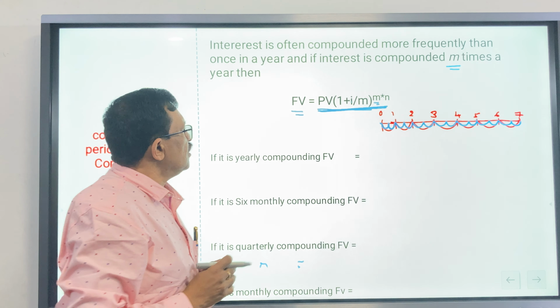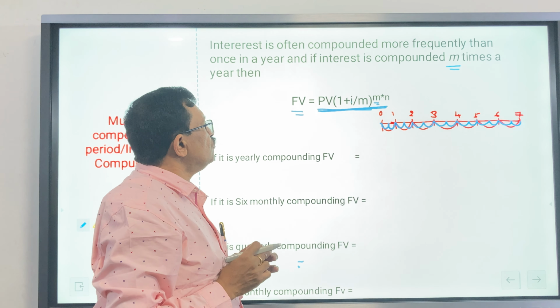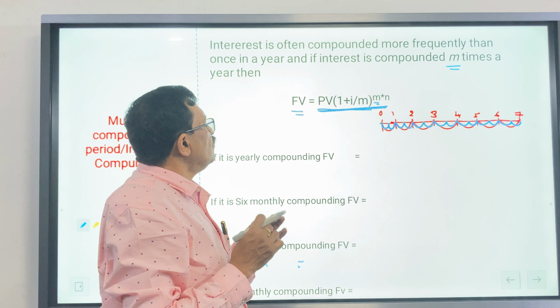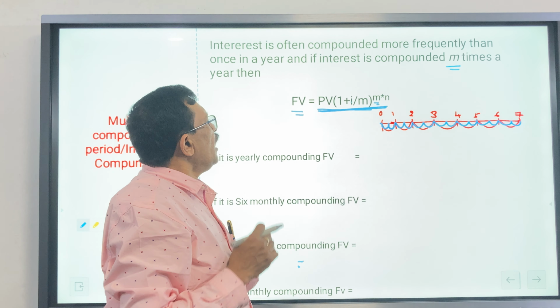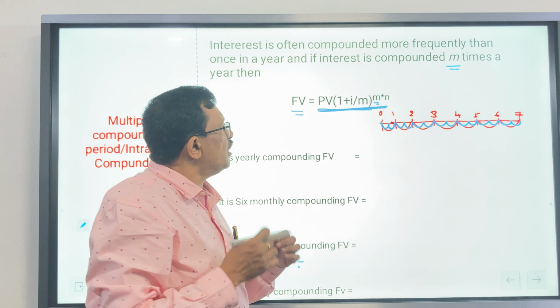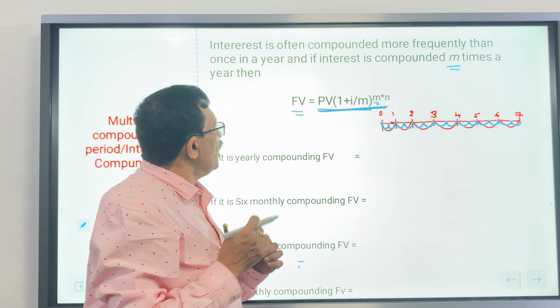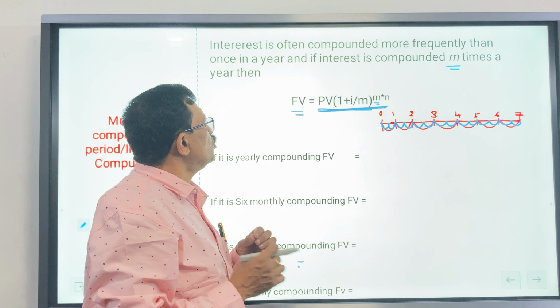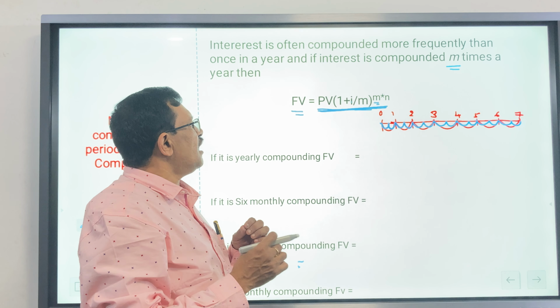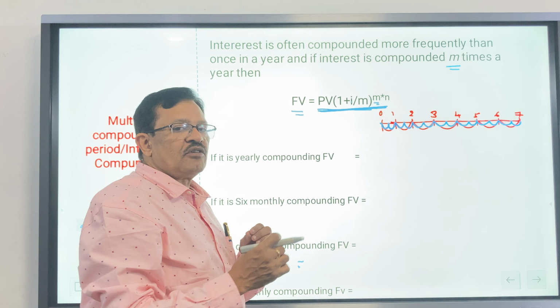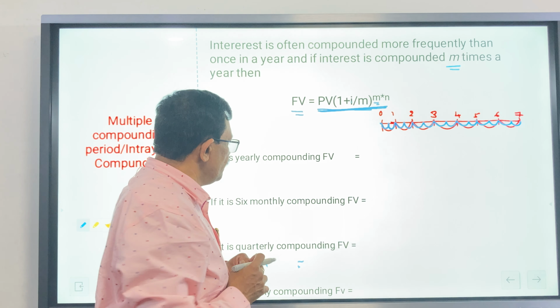So to repeat, future value for n periods compounded m times will be equivalent to present value into (1 plus i divided by m) whole power of m into n.